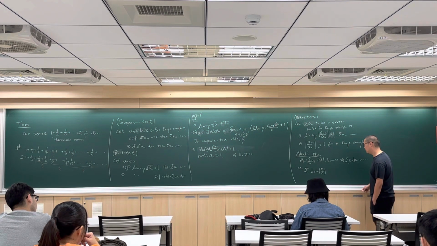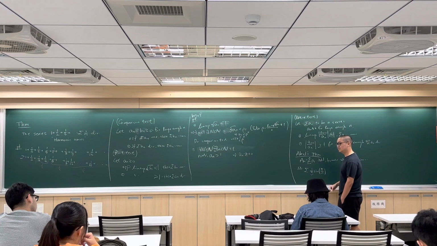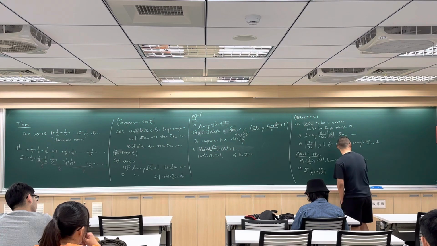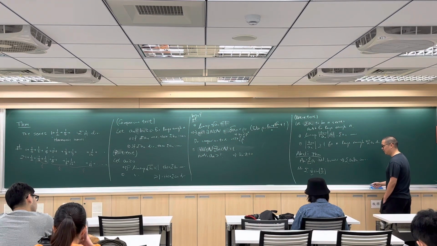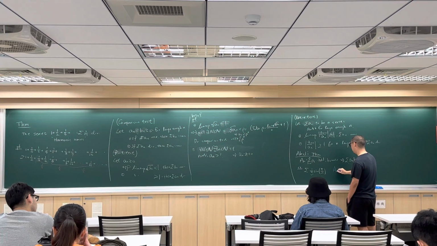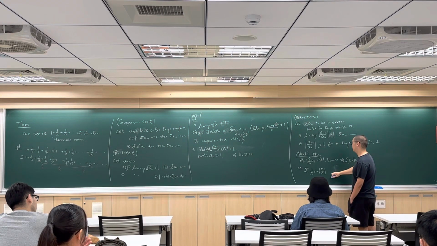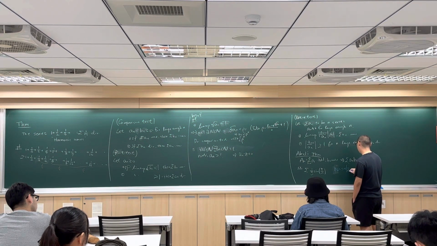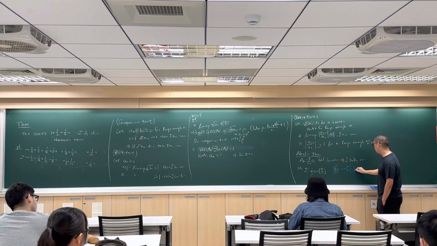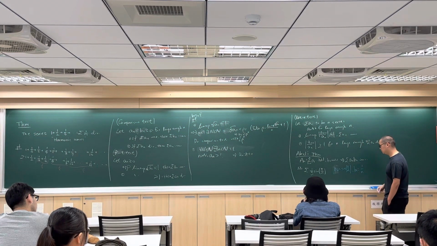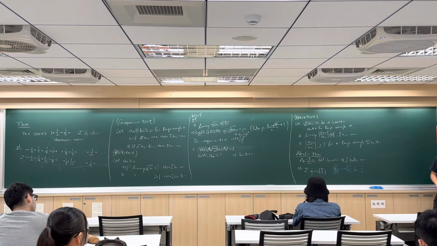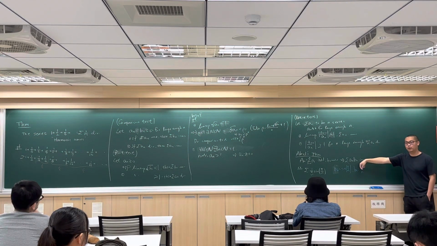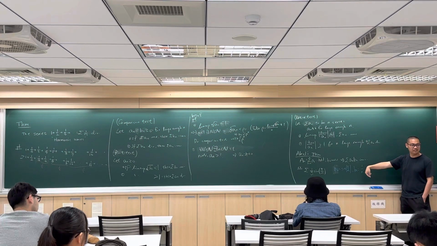So you see this one converges to 0. So maybe you can think that a_n equals sine and b_n equals 1 over n. This one converges to 0. Alright, this one is simple.